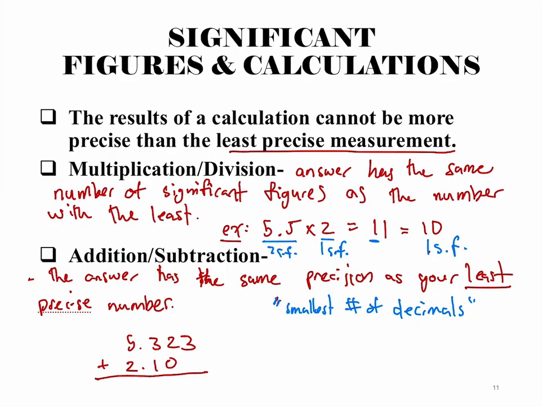So this has a significant digit all the way to the thousandths place. This only goes to the hundredths place, which means that when we add these together, it can only be as precise as our least precise number. So this will give us 7.42.